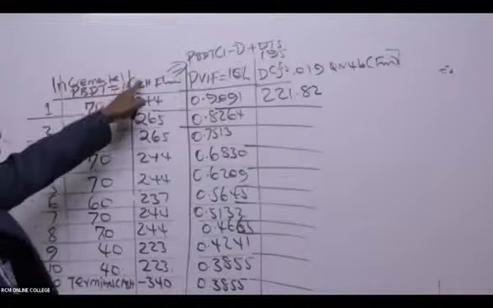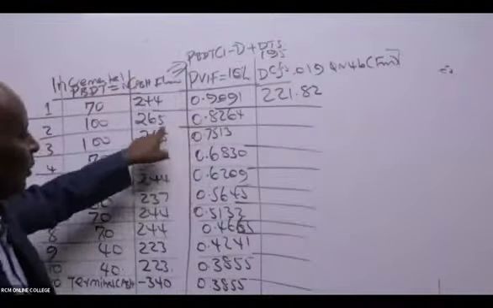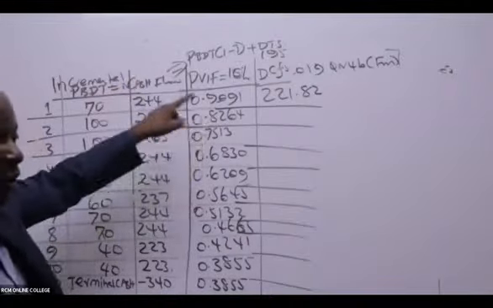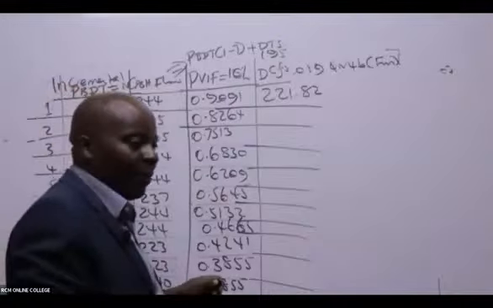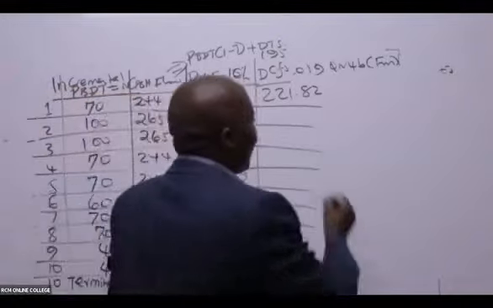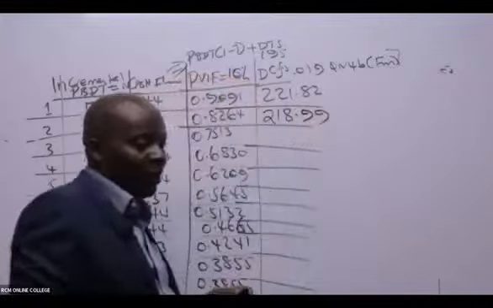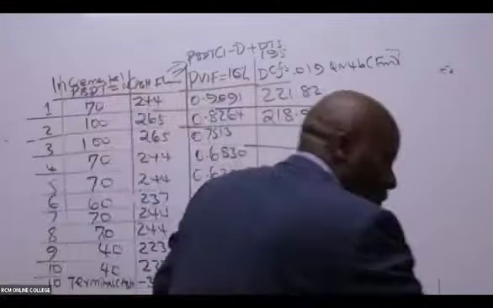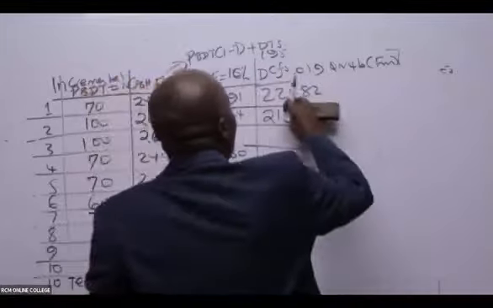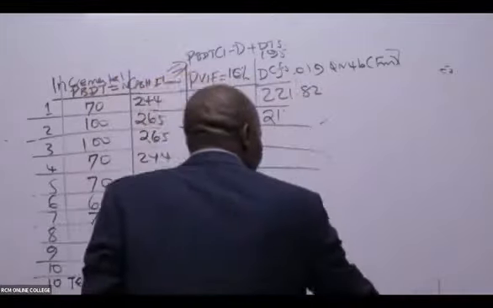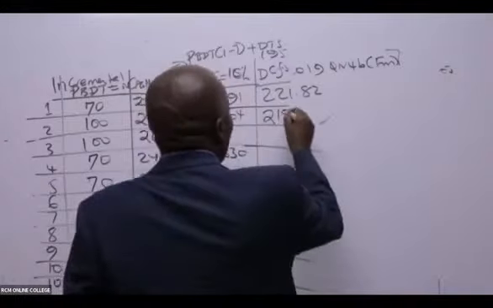From there, you go to the second one. You are taking the cash flow times the PV, present value interest factor. I'm getting 218.99. They're saying it should be 219.